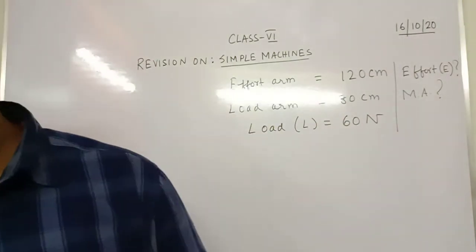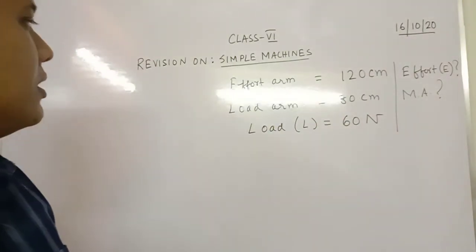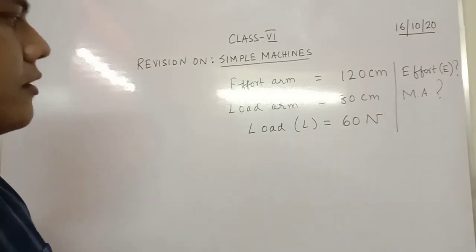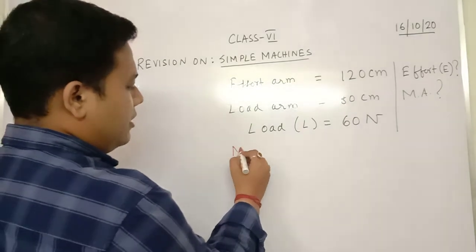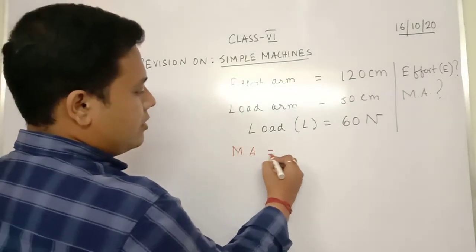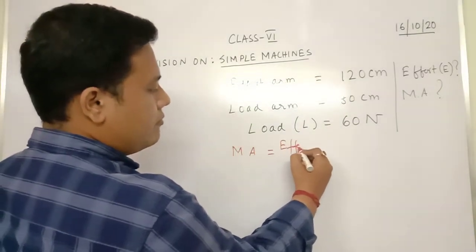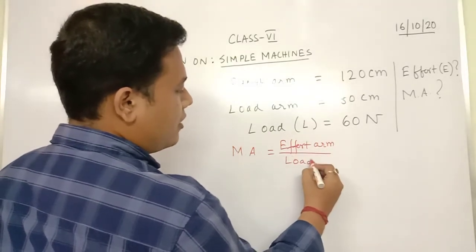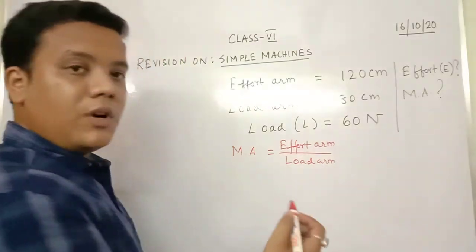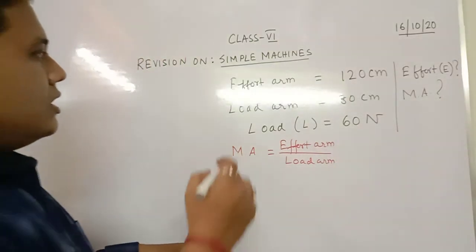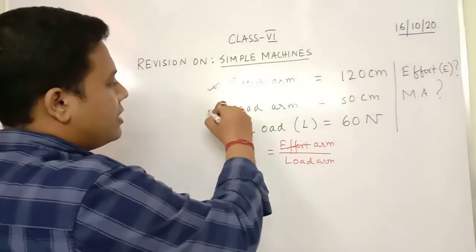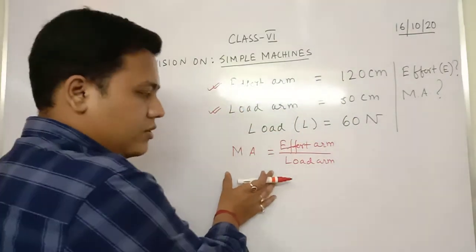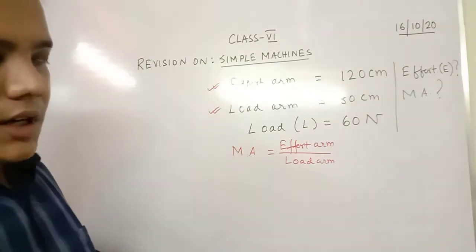So how will you do that? See students, it is very easy. We have just learned the formula that mechanical advantage equals effort arm by load arm. How will you understand which formula you have to use? You just have to see what data has been given to you. If effort arm and load arm both are given, we can use this formula to calculate the mechanical advantage.